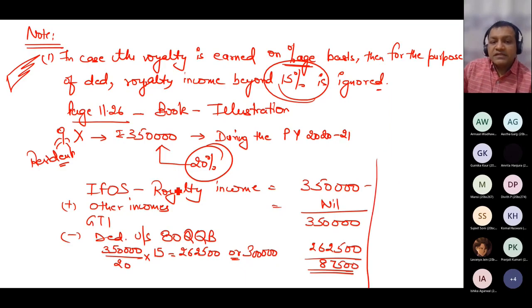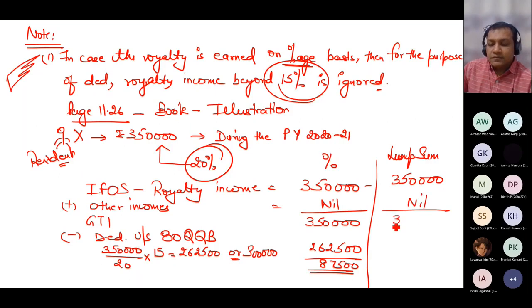Suppose in my example, this income is lump sum consideration, not percentage. Had this 350 been lump sum, can you tell me what would have been my deduction? What would have been the deduction in that case? 3 lakh. Because in case of lump sum, there is no problem.